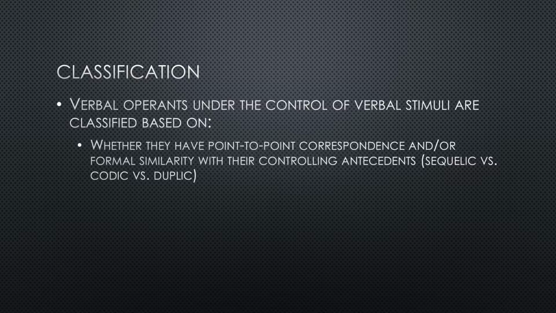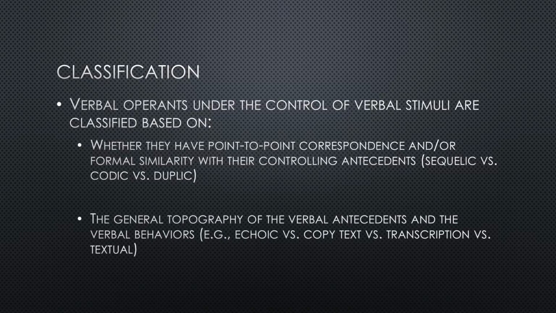Sequelic intraverbals do not have point-to-point correspondence with their controlling SDs. If a response does have point-to-point correspondence with the SD, it's a codic. If it also has formal similarity, it's a duplic. Then we get down to the general topography of the SD and the behavior. This is how we classify the type of codic or duplic. For example, if the antecedent is vocal and so is the behavior, the type of duplic would be echoic.